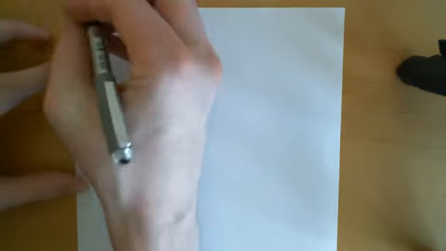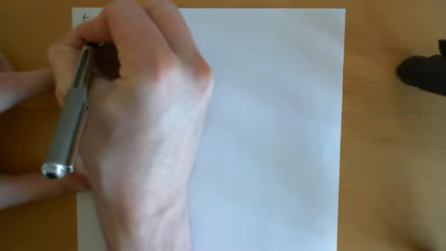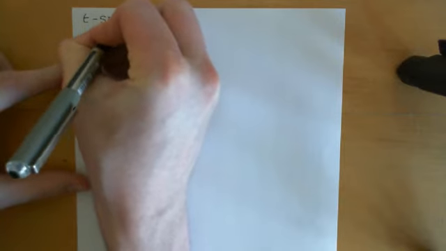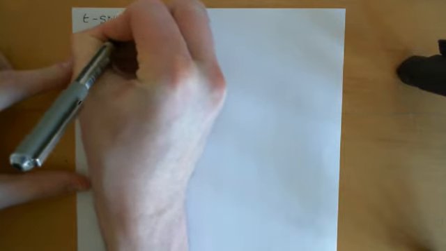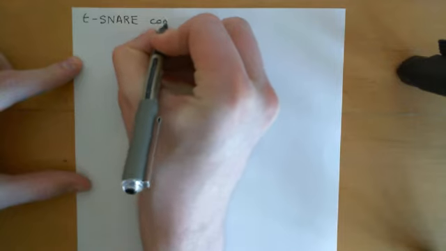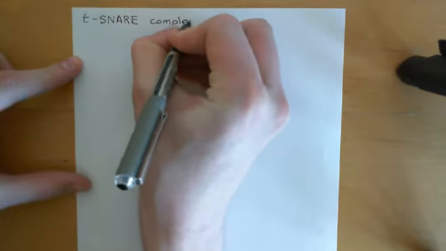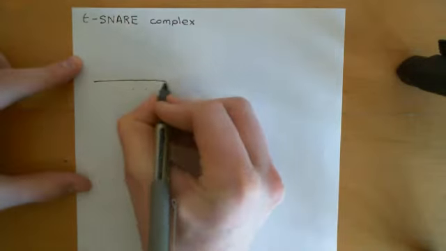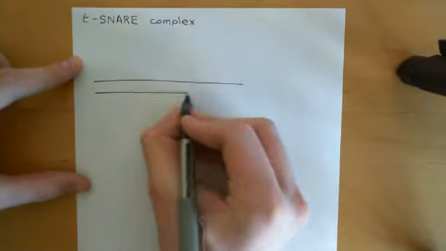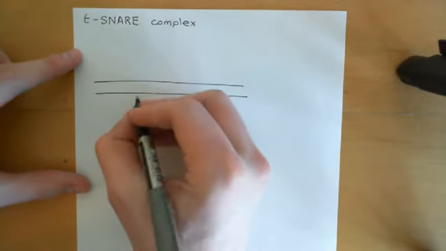Okay, so this structure then is what's known as a T-snare complex, because it's formed by the target snare proteins that are in the plasma membrane. So let's now draw the structure of one of these T-snare complexes. Okay, right, so here then, this is the plasma membrane once again.